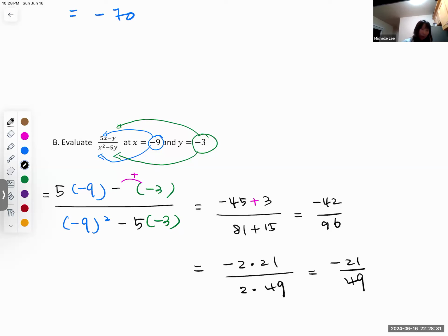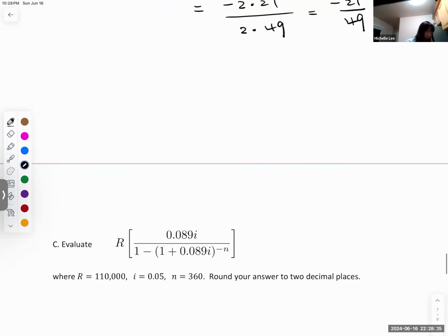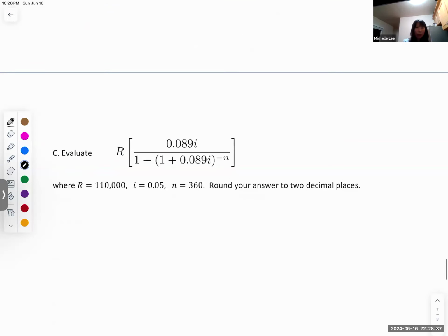Okay, so let us do this one. Evaluate r times 0.089i over 1 minus (1 plus 0.089i) to the negative n power, where r equal to 10,000, i equal to 0.05, n equal to 360. Round your answer to 2 decimal places.